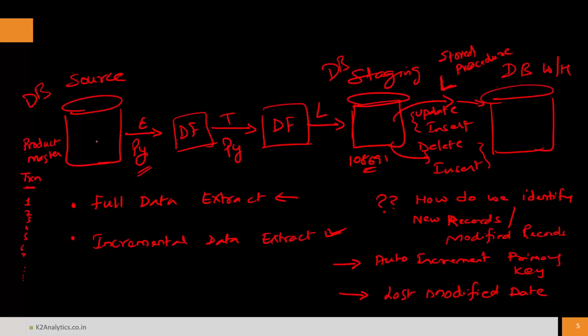So when you do the ETL, say assume you are doing the ETL for the first time. When you do the ETL for the first time, you have pulled data, you do the transformation, and you have loaded the data in a staging area. When you have loaded the data in a staging area, you should capture the max transaction ID. You should have this information, and you should capture the max last modified date.